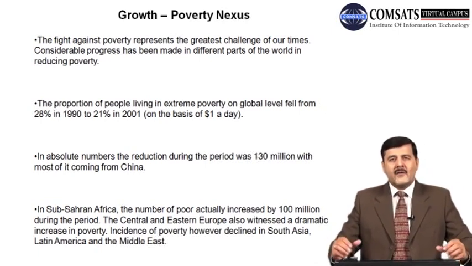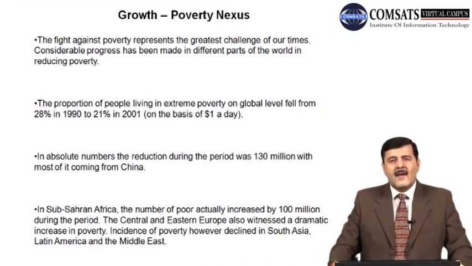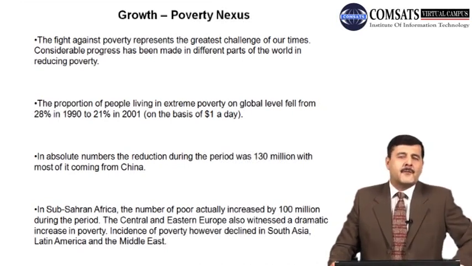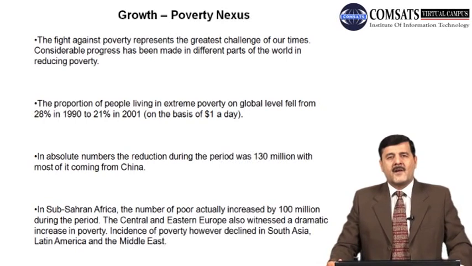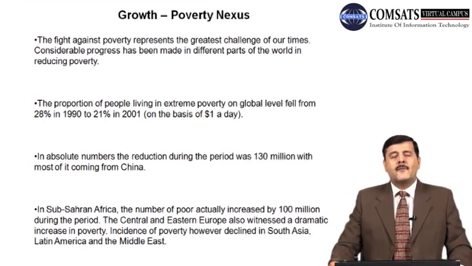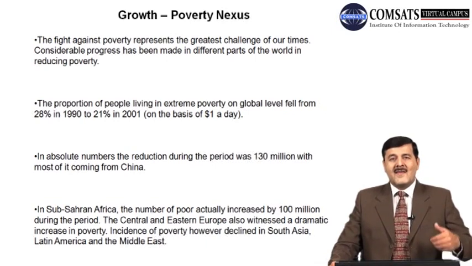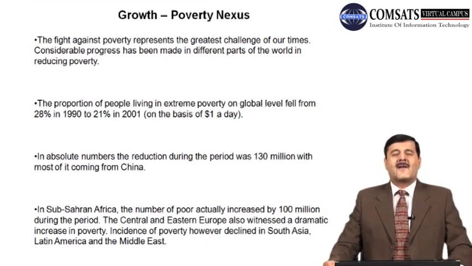So because of those efforts made in different countries to reduce poverty, the global poverty level fell from 28% to 21% between 1990 and 2001. In 10 years, poverty fell by close to 7%. If we talk about absolute numbers, the reduction during that period is about 130 million people, with most of it coming from China.